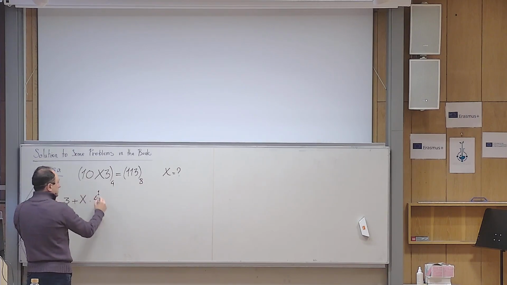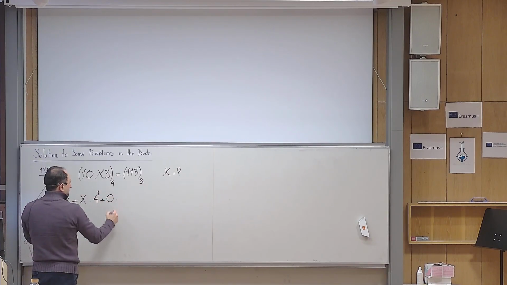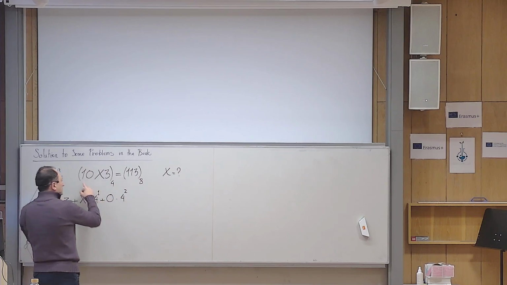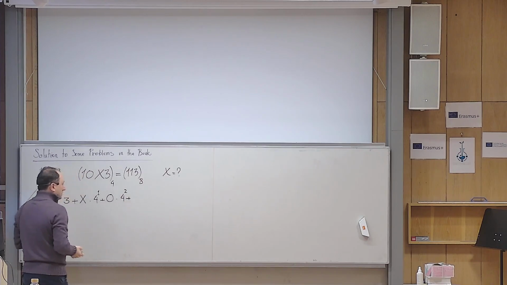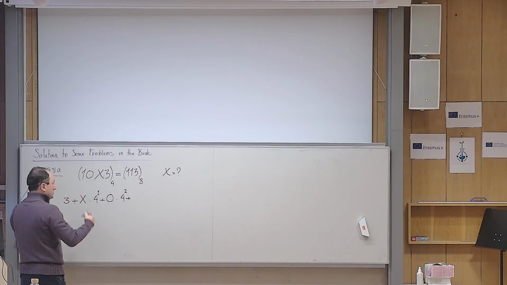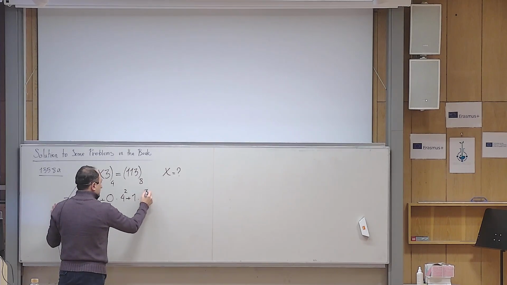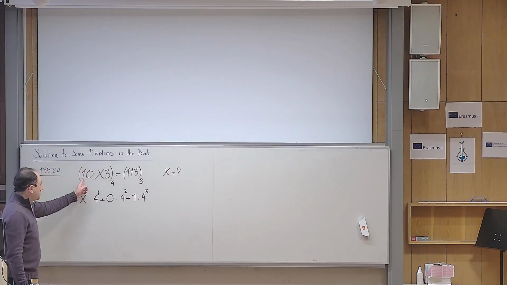Then I go to the next digit and multiply it by the second power of my base, and so on. I hope you remember what we did here; I'm just following those rules. Then the last digit is multiplied by the third power of the base. This is the expansion of this number.